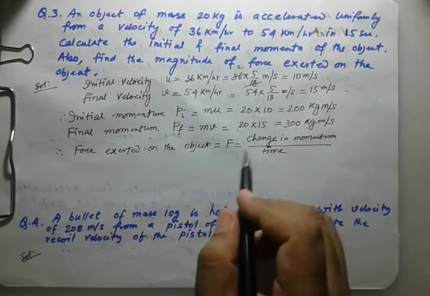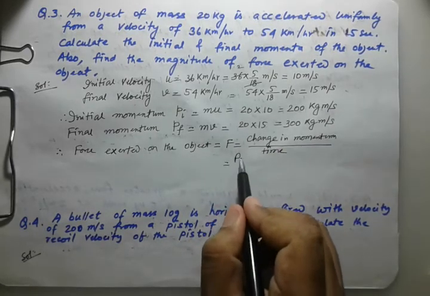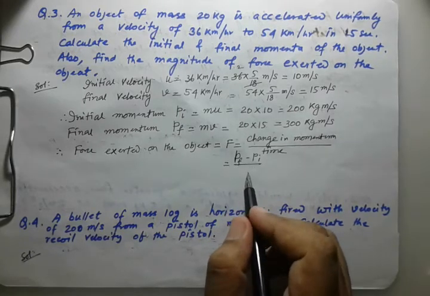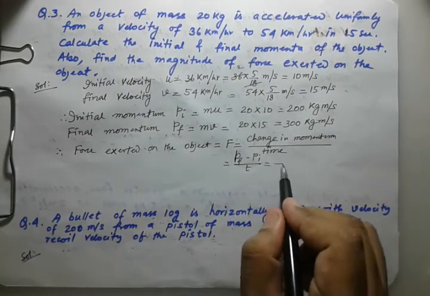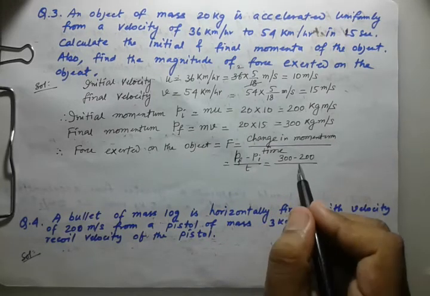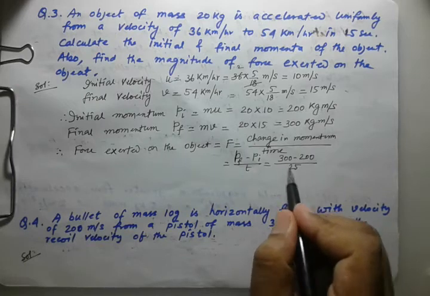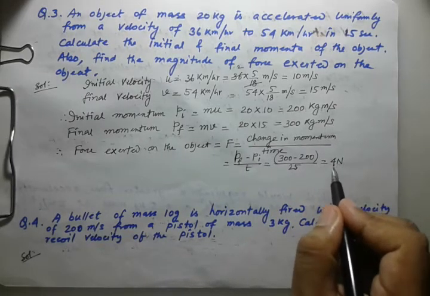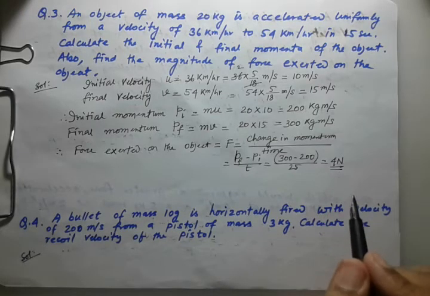So that means (Pf minus Pi) by t. So (300 minus 200) by 25 is equal to 4 Newton. Okay, so this is the answer.